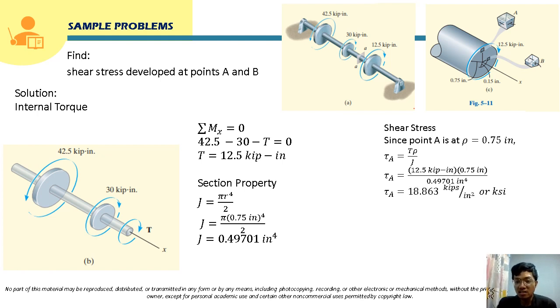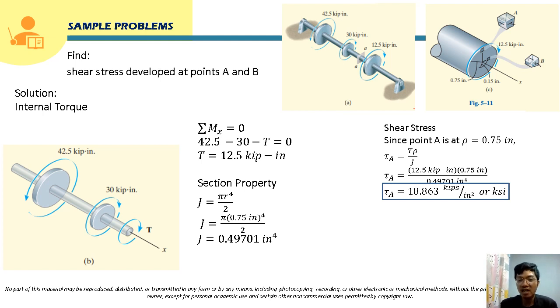As you can see, the unit is kips inches squared over inches to the fourth. Inches squared will be cancelled, and what will remain in the denominator is inches squared, so this will be kips per inches squared, which is also KSI. This will now be the answer for the shear stress developed at point A.